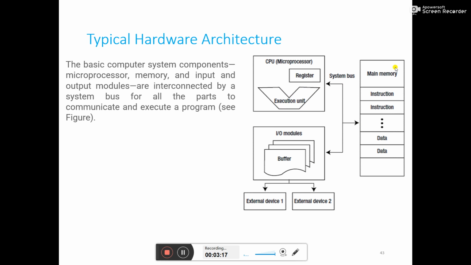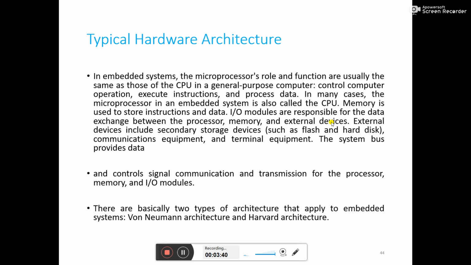One memory has instructions and data, and there are input output modules, for example GPIOs, UART, and so on, and stack registers. All these things are available in a typical hardware unit.